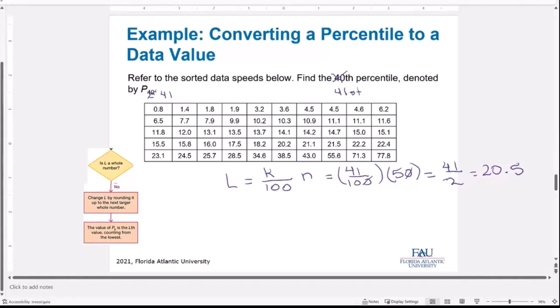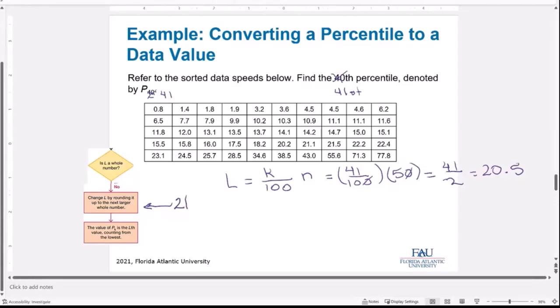Now it says, is L a whole number? No, it's not. Change L by rounding it up. We're rounding it up no matter what, to the next larger whole number. I'm taking my 20.5, and since I'm rounding up, I'm making it 21.